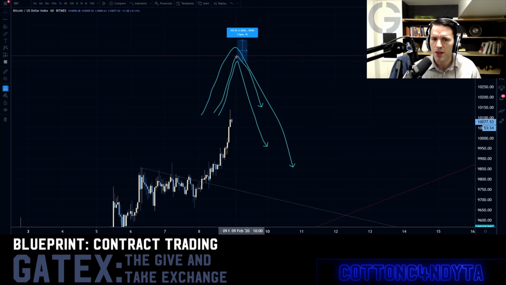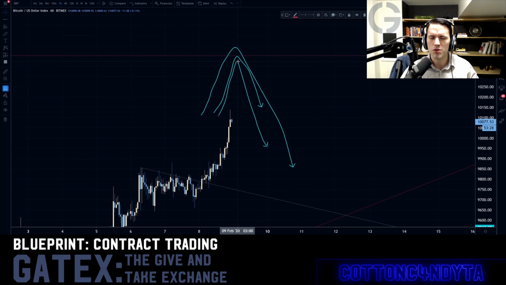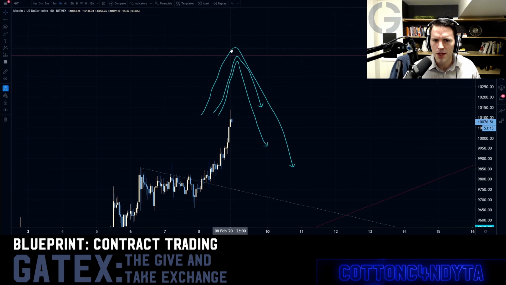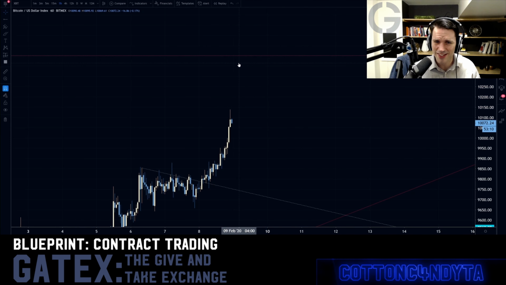If you go too much on the nose of the move, you run the risk of either missing the move because it shorted too soon, or not getting the greediest price. So there's a balance to be had here. The best way to do this is to have a set target and be comfortable with it. And if you miss the move, oh well, too bad, so sad. That's the best way to do it.